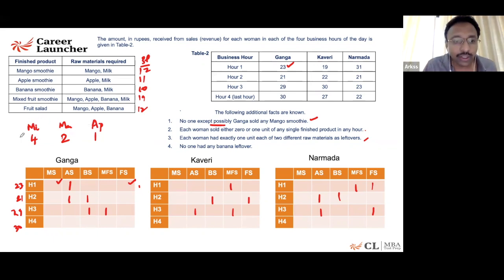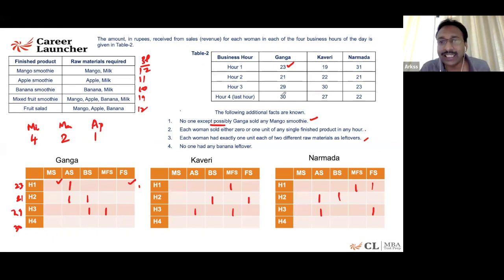Now with milk, you will get 6 or 5. If it is 6, it is 24. If it is 5, that is milk and apple, it is going to be 25. But again, milk and apple will give you 5 rupees.